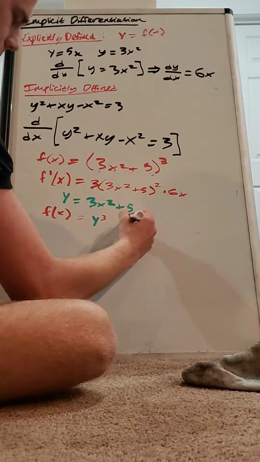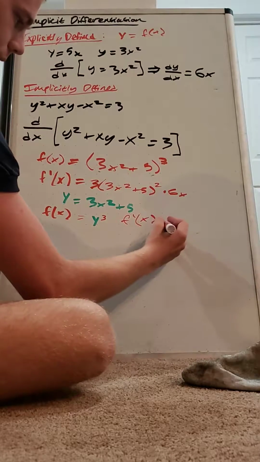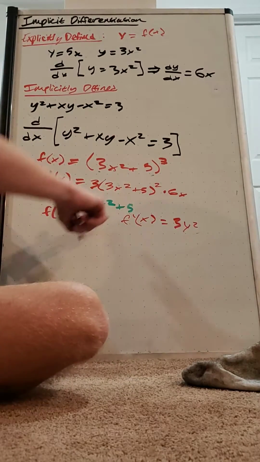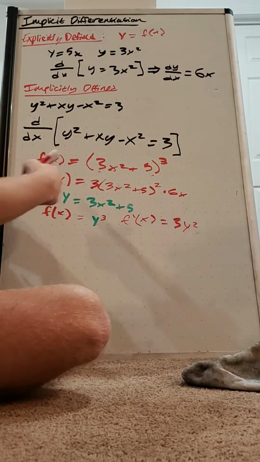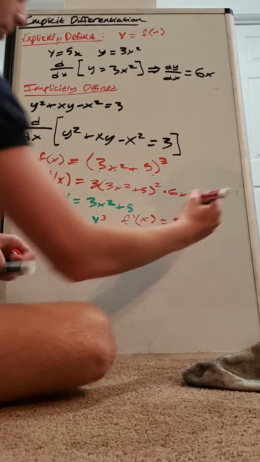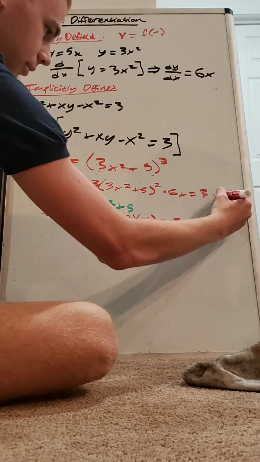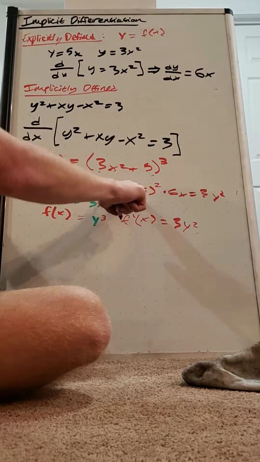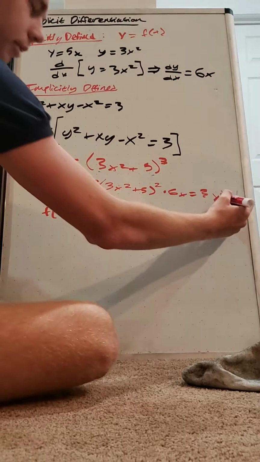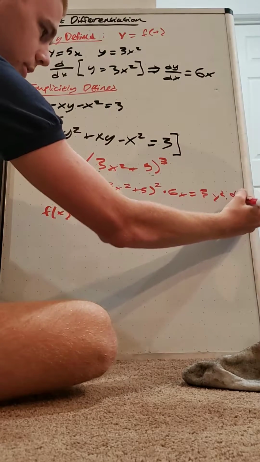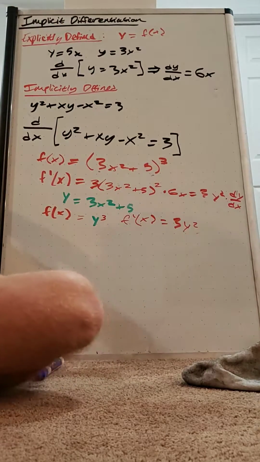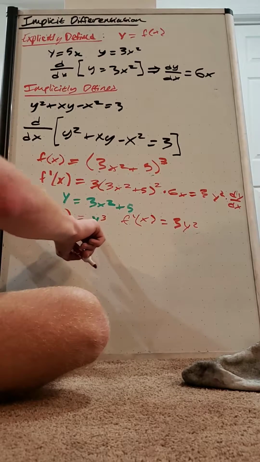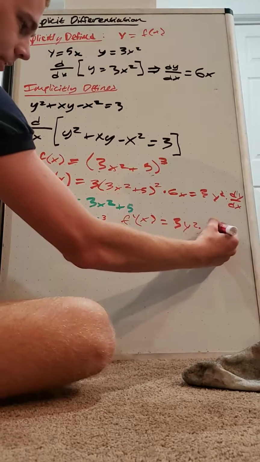And differentiating that, the reason why we can't just have it equal to 3y squared is because that's not equal to what we have up here. What we have up here is 3y squared, because this inner function is your y, times the derivative of y. So this is 3y squared times dy over dx. So we need to first treat y as a variable and then multiply by the derivative of y.